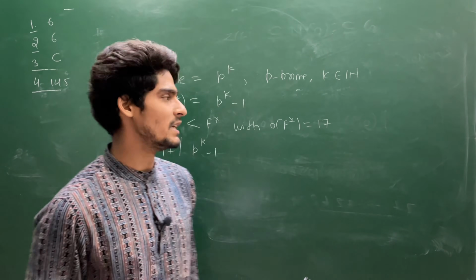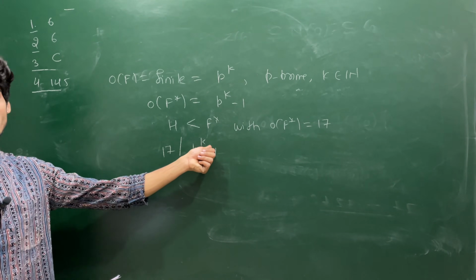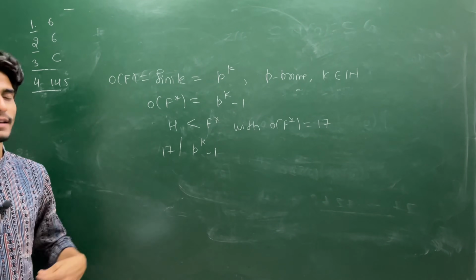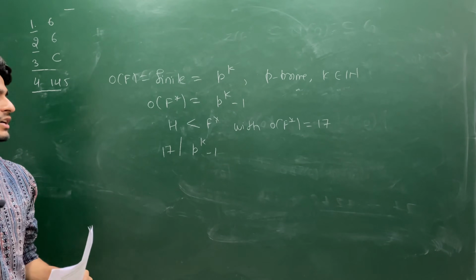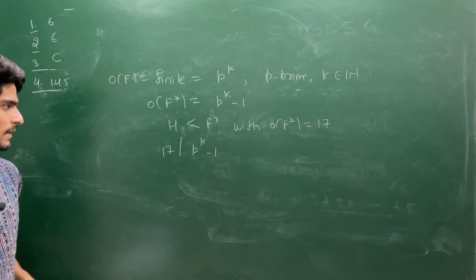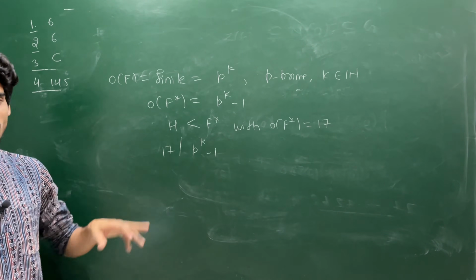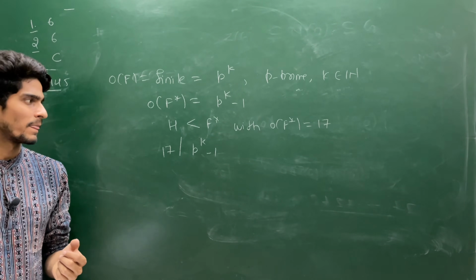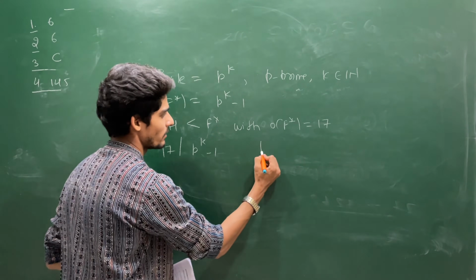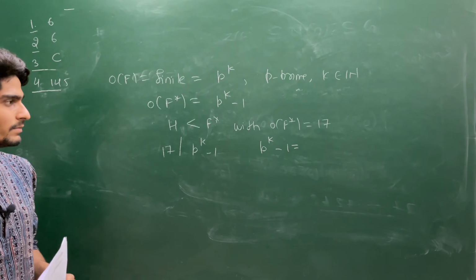So you have to take the possible choices for p and k, so that 17 divides p power k minus 1, and you have to choose the smallest choice. That means p power k minus 1 must be a multiple of 17.